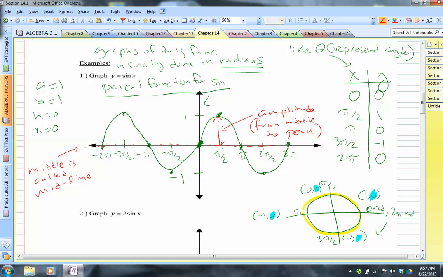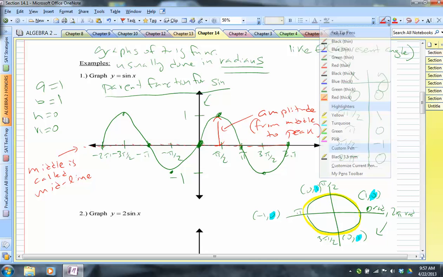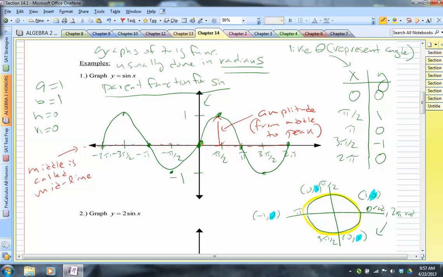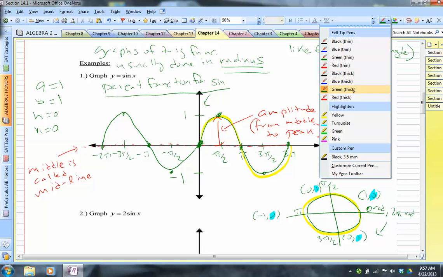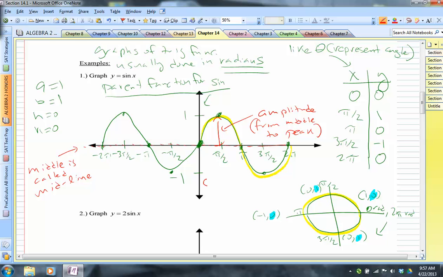And the length of one cycle, if I highlight this, that's considered one cycle because it repeats itself afterwards or beforehand.